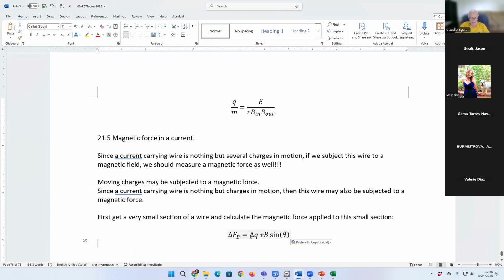That small section has an amount of moving charge, that's delta Q. Do you get the idea? And then we do something else. First, we multiply by delta T, and we also divide by delta T. A very nice trick to solve physics problems, right?